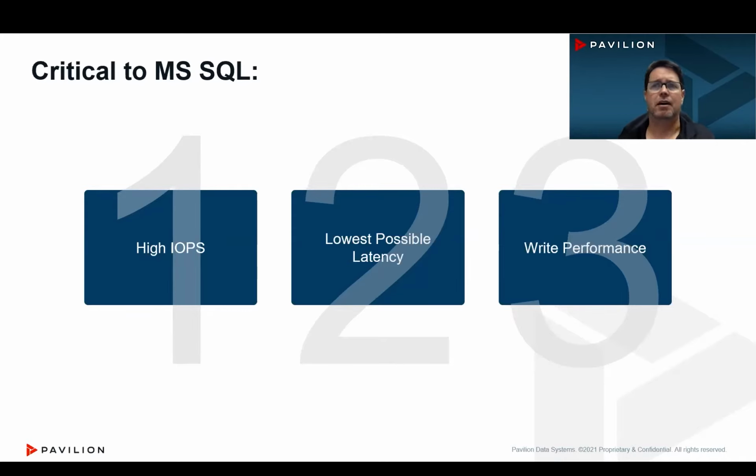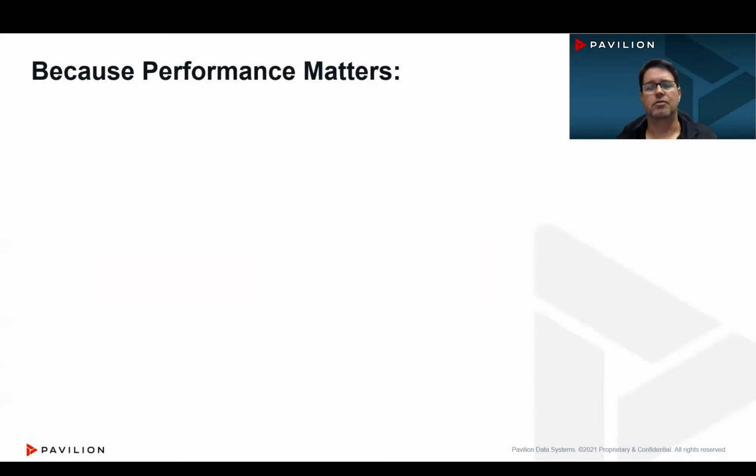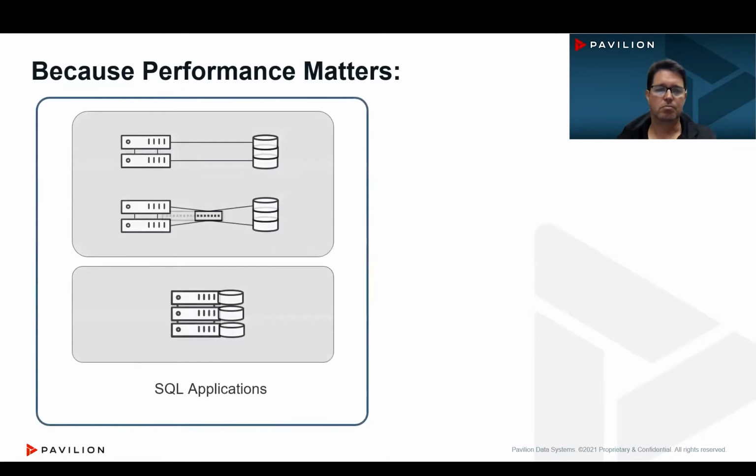And yet, despite all of that, because performance matters, when you go out and look at customer implementations, at how people are actively using SQL today, what kind of environment are they going to have? Well, odds are pretty good it's going to look something like this. You're going to have one or more of these basic configurations. You've got some servers clustered together talking to direct attached storage.